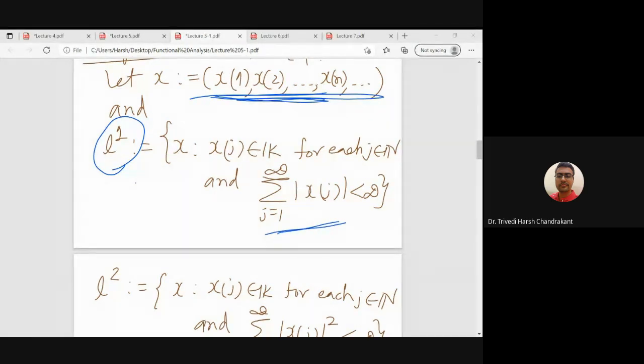You must be knowing these things. So 1 upon n cube, 1 upon n to the power 4, etc. Basically you are taking non-negative number series. So these are the examples.